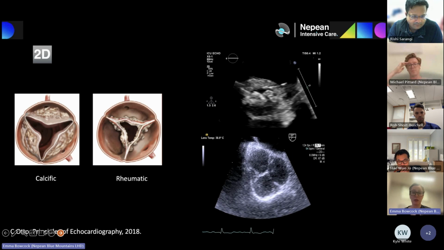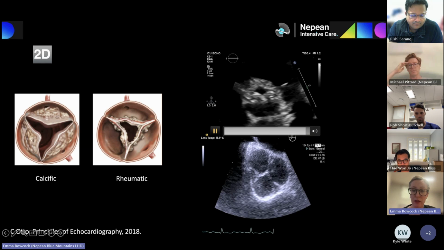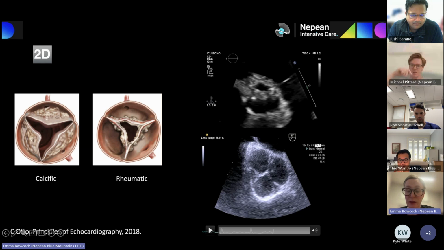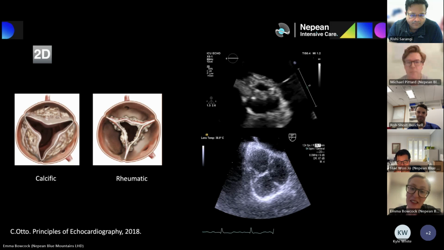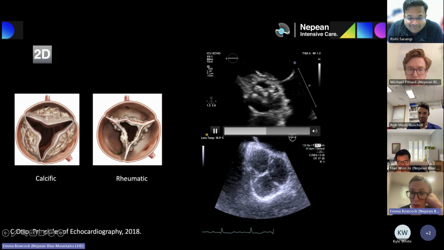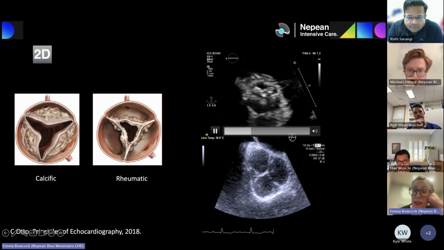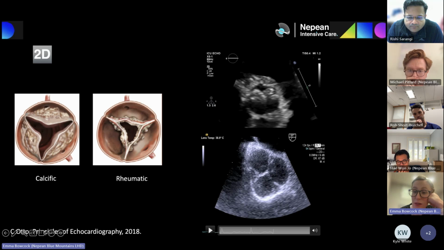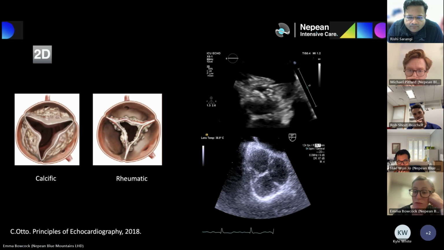So calcific, in terms of a 2D appearance, does anyone want to have a go at describing this valve? You had to describe how it looked. That's all right. It's probably tri-leaflet. It's heavily calcified and thickened, particularly of what looks like the right and the left cusps, and there is severely restricted opening.